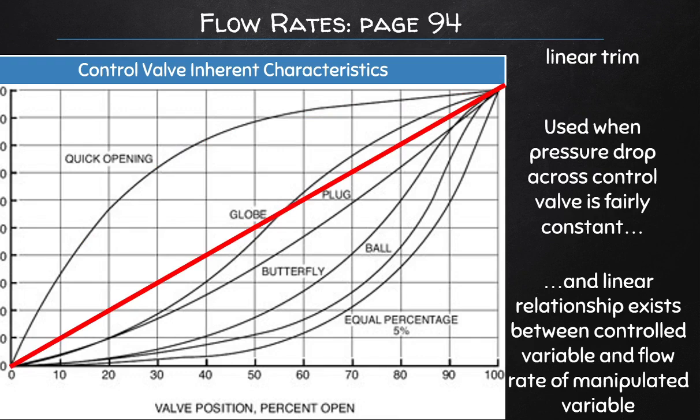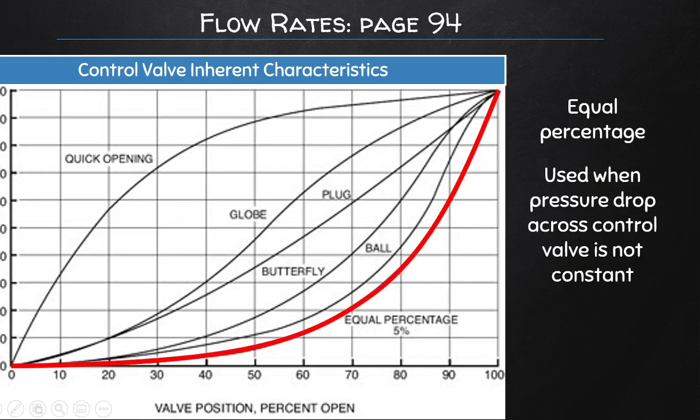In this case, a linear relationship exists between the control variable and such. So, for example, the control variable could be a composition or a reaction rate, and the flow of the manipulated variable can be things like the temperature or the pressure, for example.